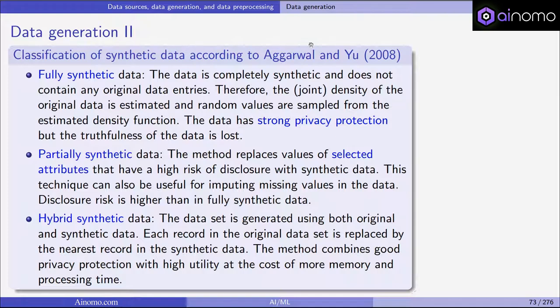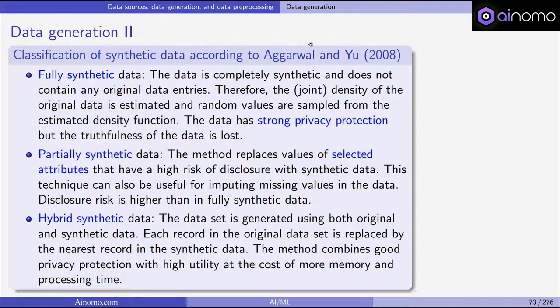Thus, the joint density of the original data is estimated, and we sample random variables from the estimated density function. So in other words, we are only taking the original data, fitting a statistical distribution through the data, and then sampling synthetic data from that fitted statistical distribution. In this case, the data has strong privacy protection, but the truthfulness of the data is obviously lost because it's fully synthetic.